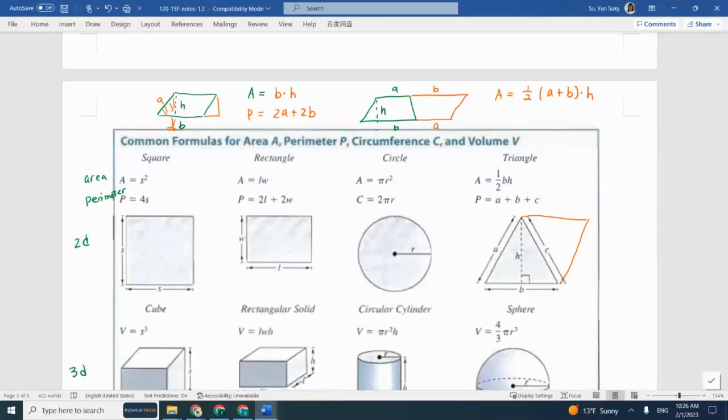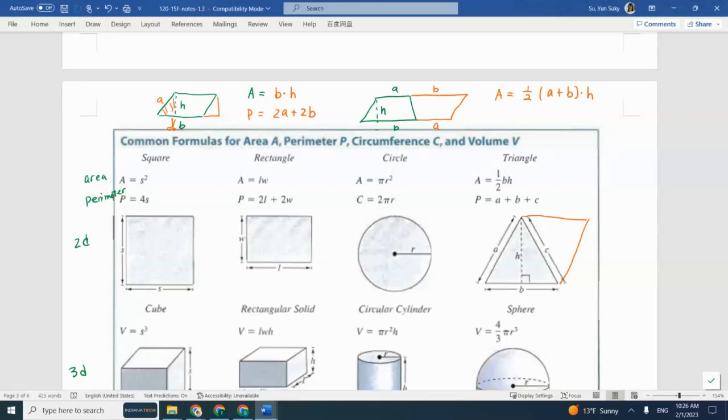Okay. Yes. So instead of memorizing the formula, I would say deduce the formula. How do you get parallelogram? Well, you cut it and paste it, you get a rectangle, right? How do you get a triangle? Half of a parallelogram, you get a triangle. How do you get trapezoid? Get another copy, put it upside down. You get a parallelogram.